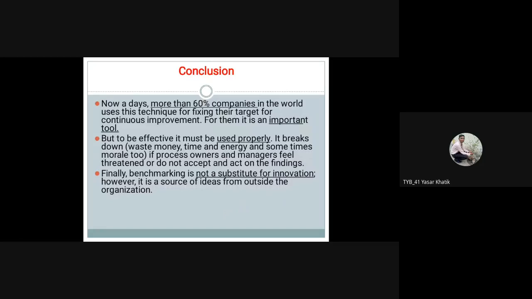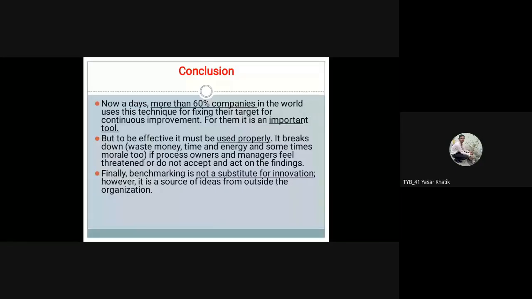So what are these? So nowadays, more than 60% of companies in the world use this technique for continuous improvement. काय करतात, दुसरे ठेवतात की आपण बेंचमार्किंग करायचं आणि टार्गेट ठेवायचं 20% 30% इम्प्रुव्हाइज झालंच पाहिजे ऍज अ प्रिव्हियस डिझाईन. सो 60% देशामधल्या कंपनीमधल्या आता चालूला हे टेक्निक वापरतात. ठीक आहे.